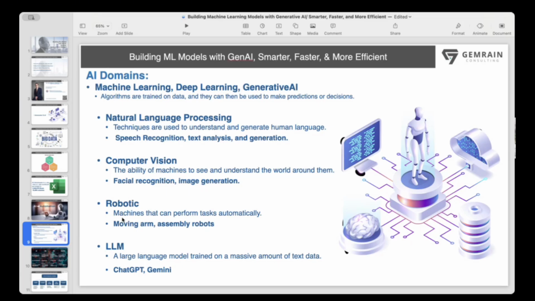And then we have robotics. Robotics is considered the combination of all of this with the hardware, with the IoT. So we are going to have a device which looks like a human, acts like a human, talks like a human, moves like a human, understands things like a human.